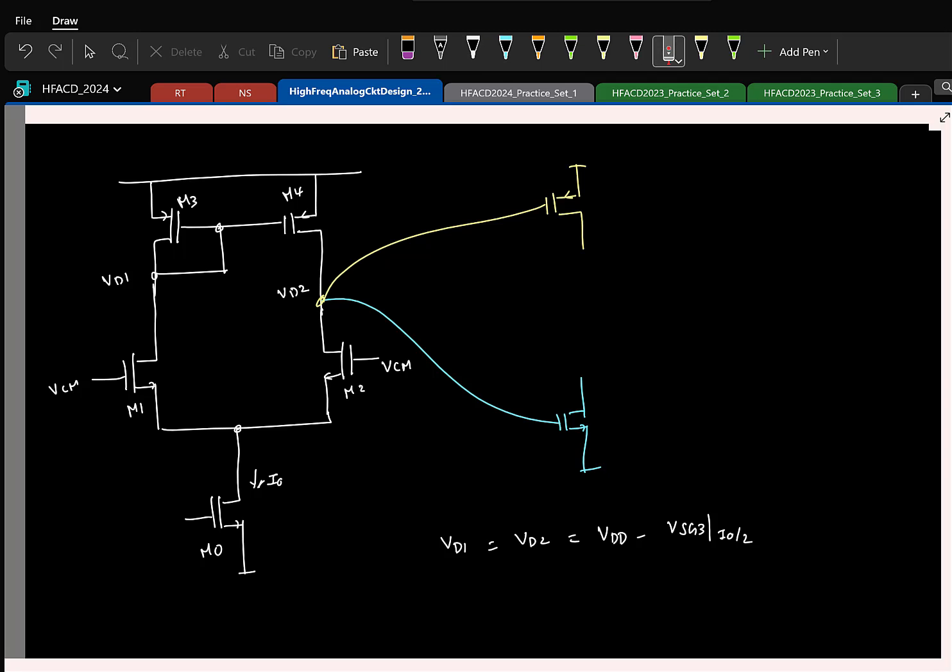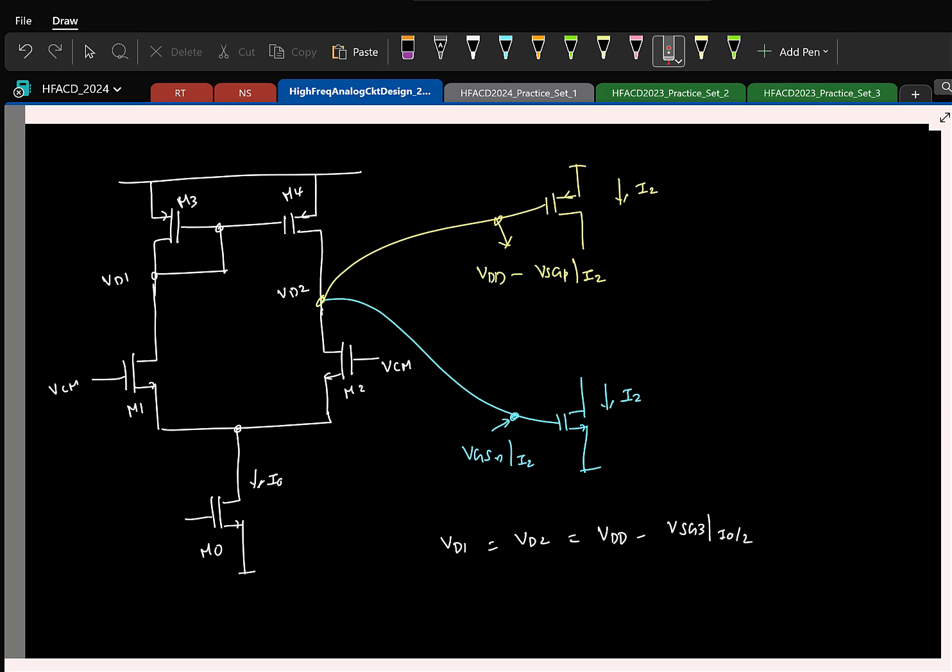So now if you try to have an NMOS here, and let us say this is supposed to be biased at some current I2, what should be the voltage here? The NMOS has to carry a current I2. The gate voltage is some VGS of the NMOS at a current I2. That's all. For a PMOS, what should be the voltage? VDD minus VSG of that PMOS transistor at a current I2.